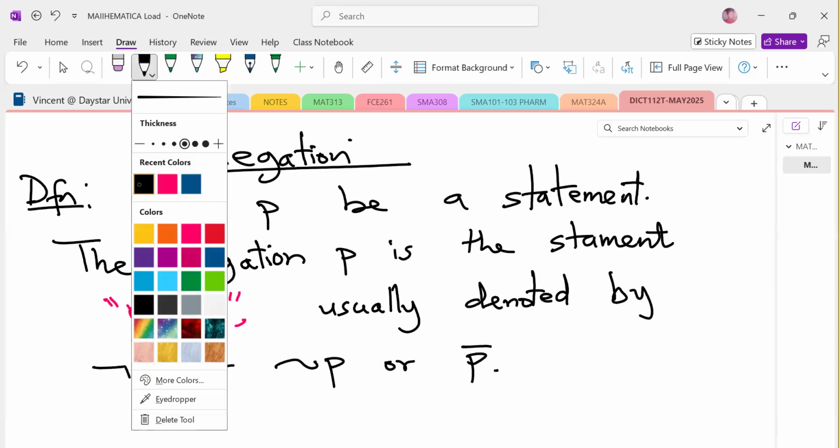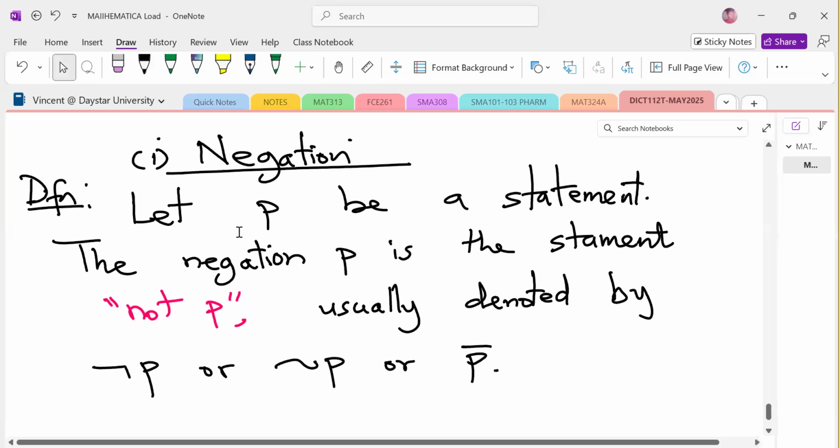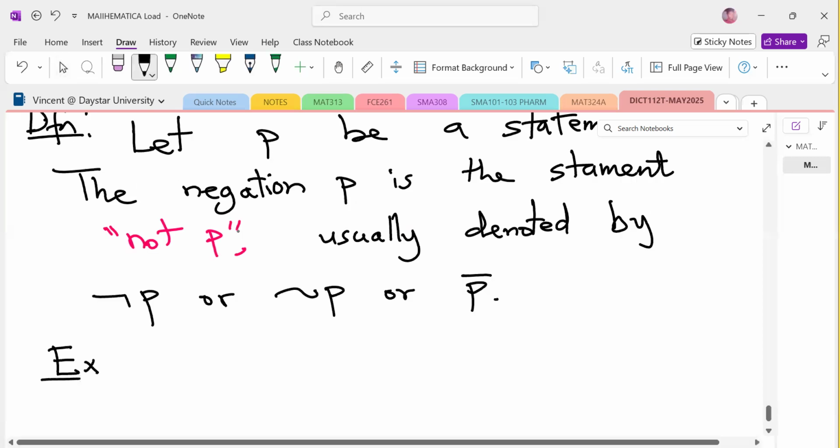So then after definition and giving the notation of the logical connective, we give examples. So for example, find the negations of the following.